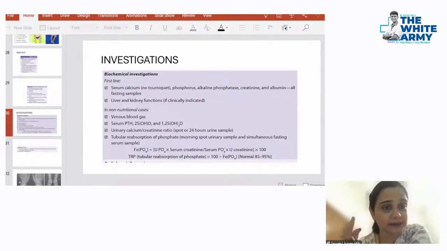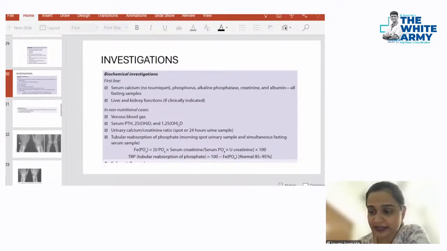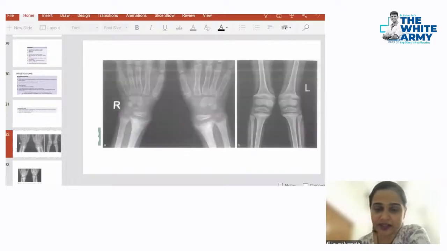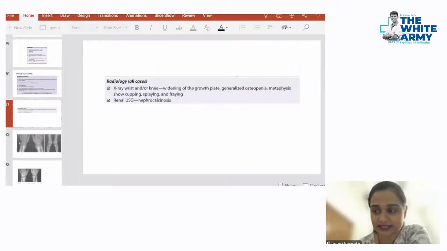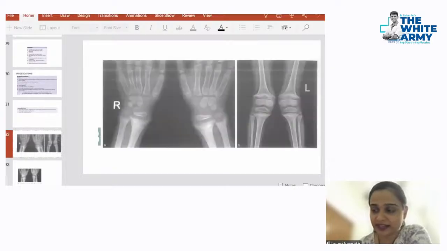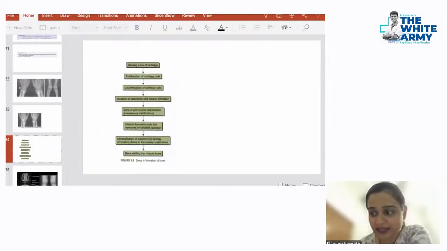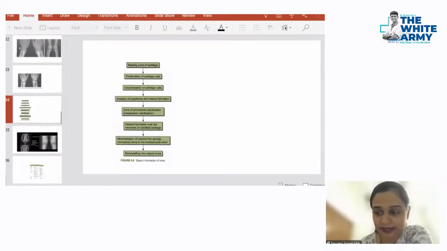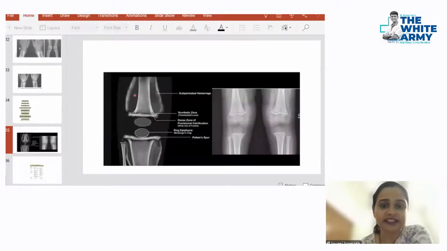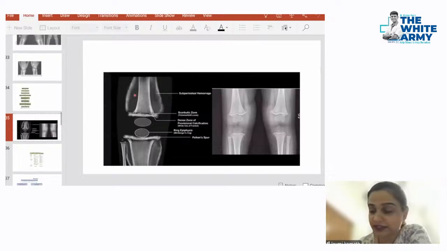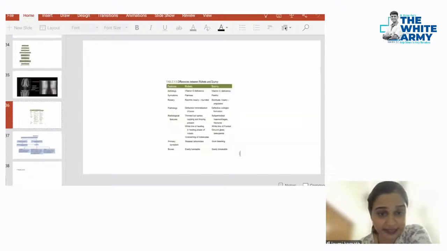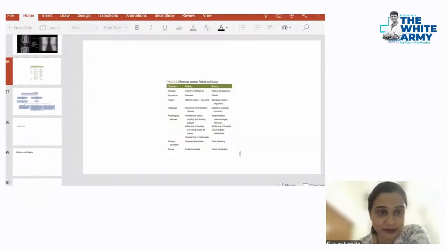Three investigations compulsory: calcium, phosphorus, ALP, and vitamin D. And then we found out that radiology is compulsory for all the cases, where we will pick up a lot of findings like cupping, splaying, fraying, all of that. Okay. And we also discussed why there is widening of the growth plate. Briefly, we touched upon the difference between scurvy and vitamin D deficiency, that is rickets. And we discussed the difference, correct?